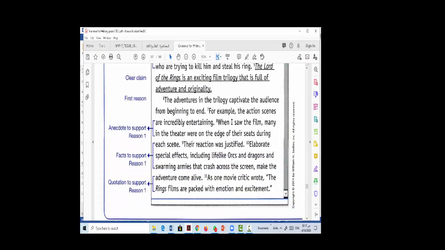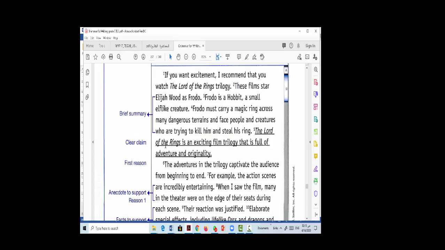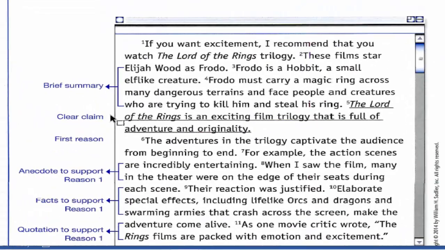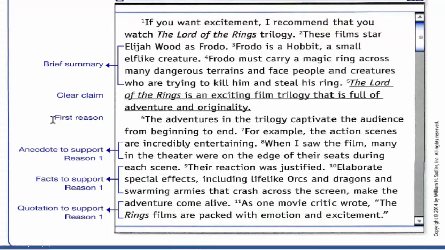There we come to the end of the lesson, but before I end the lesson, this is an example of a review here. Generally speaking, we have here 2 paragraphs. Paragraph number 1 is introduction. It has a brief summary and a claim. That's the thesis statement.